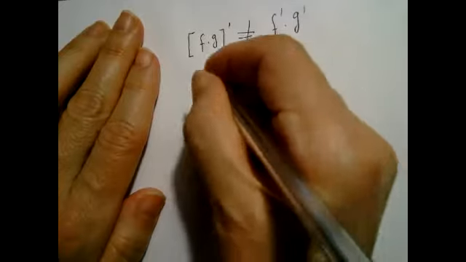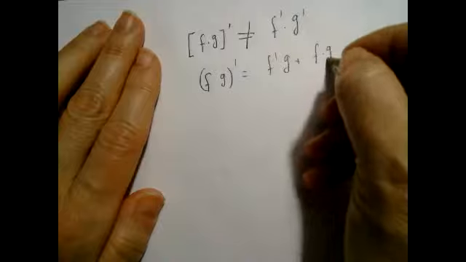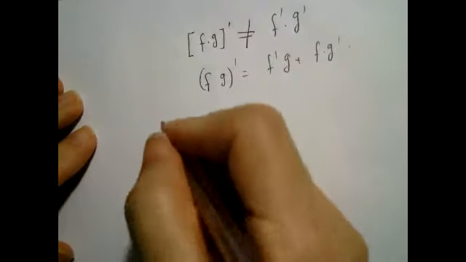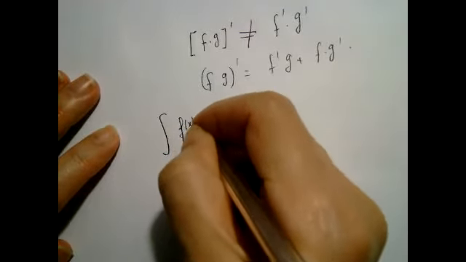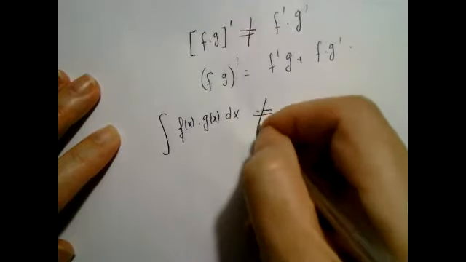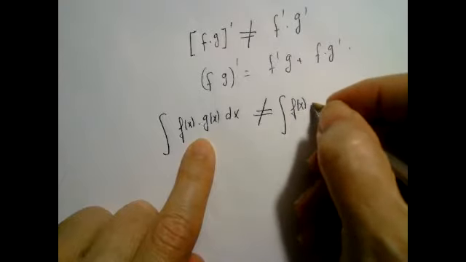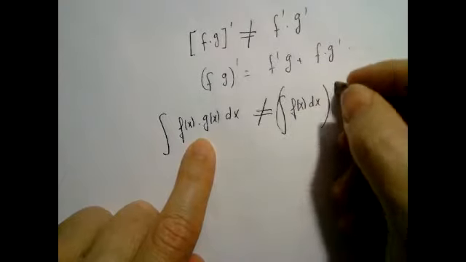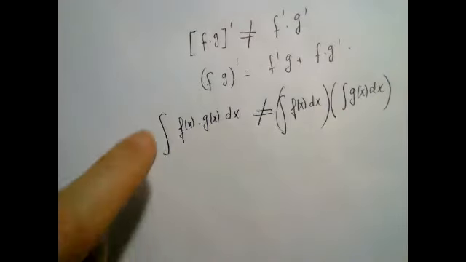I cannot break the derivative if I have a multiplication. I have a product rule. For integration, it's the same thing. If I'm multiplying two functions, I cannot break the multiplication. So this is not this times that. Absolutely not.